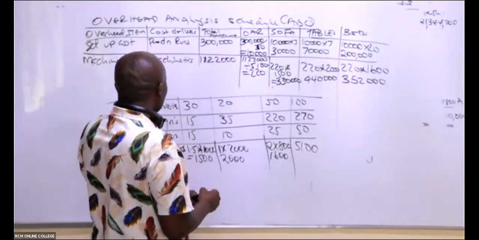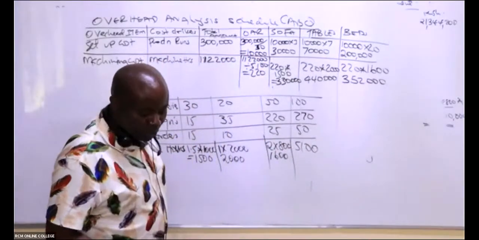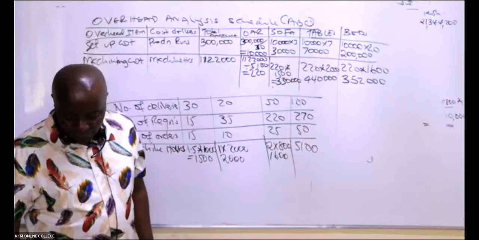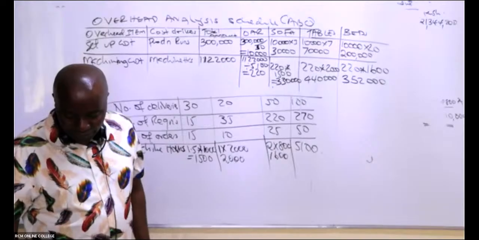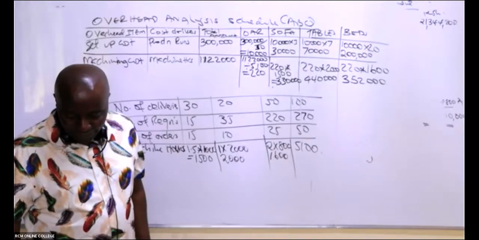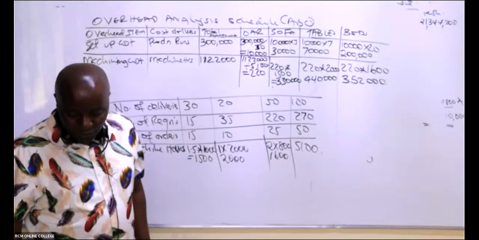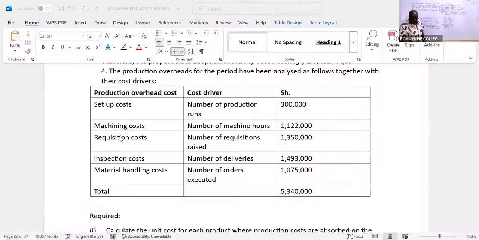After that, the next one, ladies and gentlemen, is known as what here? Requisition cost. Please go ahead and do the entries for me.